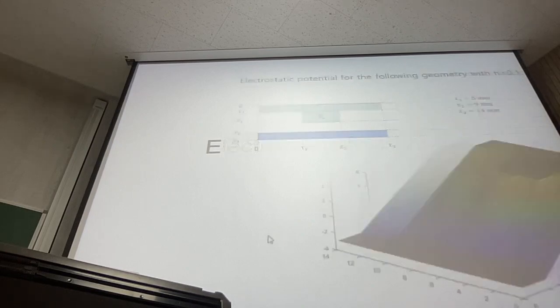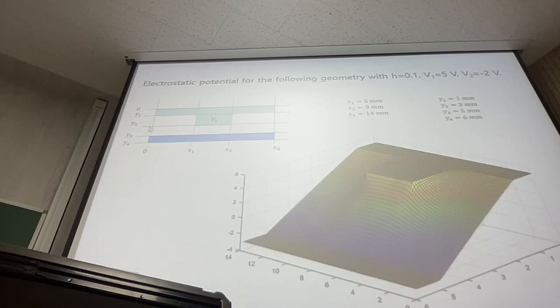Then this is another typical problem. If we have a voltage V1 given at this boundary, and V2 at another boundary, what will be the potential between these areas? Say we have a metal conductor and another conductor, with a semiconductor material between these two metals, and we apply 5 volts for V1 and minus 2 volts for the other metal.